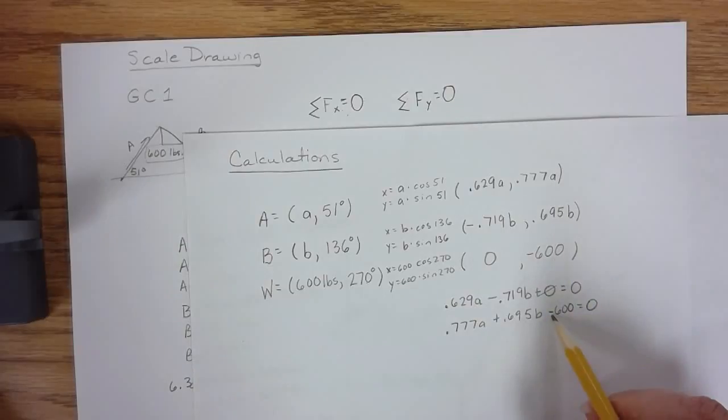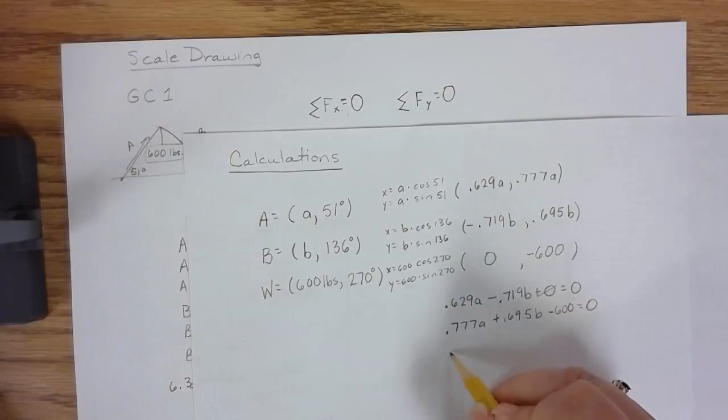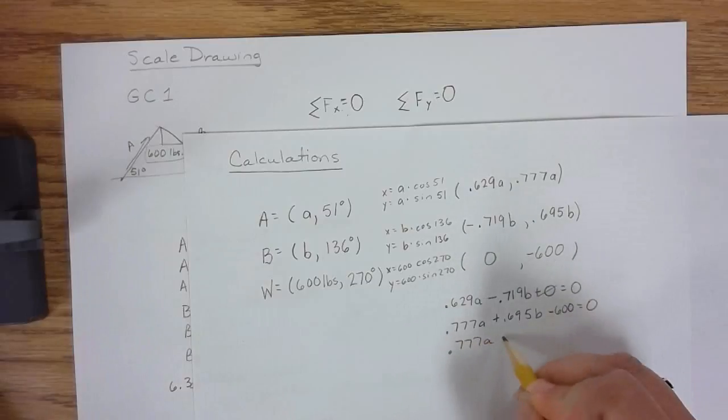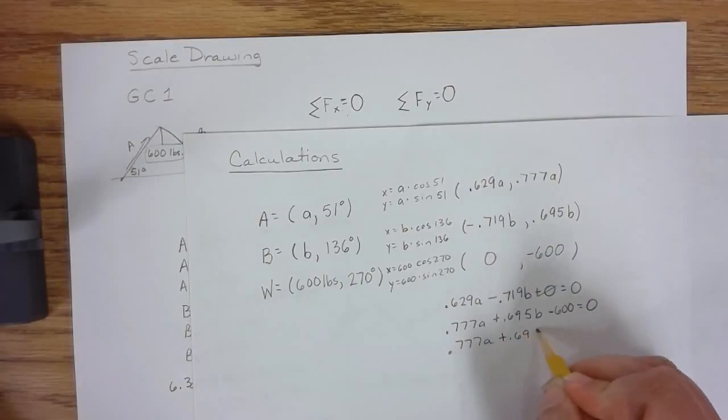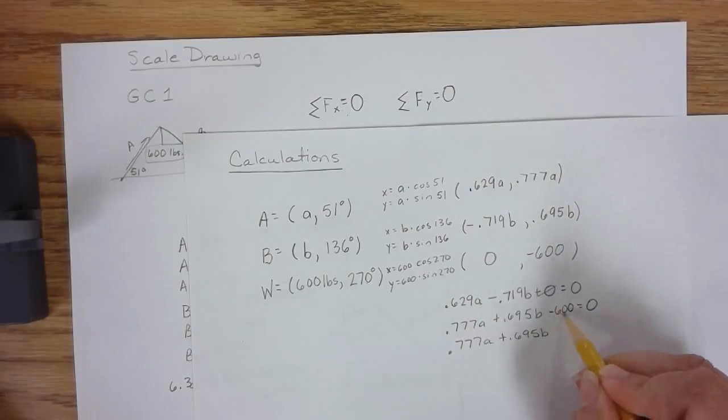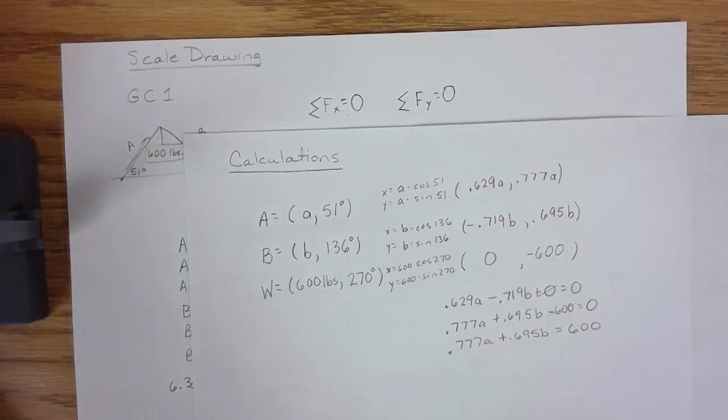Also, we want to have this minus 600 on the other side of the equation, so we really want to have it written as 0.777a plus 0.695b. And if I add 600 to both sides, it goes away from here, and I end up with equal to 600 on the right.